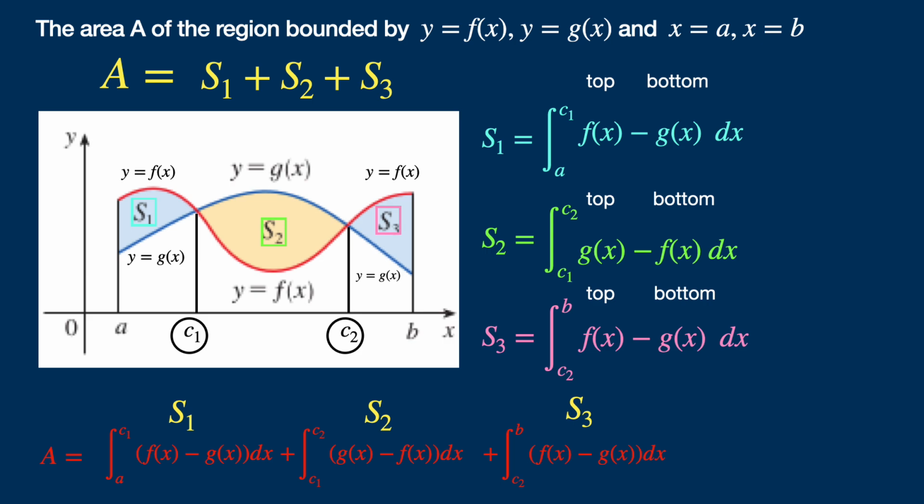So when you find area A bounded by f of x and g of x, but they have intersections, you're going to find the intersections first and split the interval, looking for the top function and bottom function. Then you set up the integral right for the area.